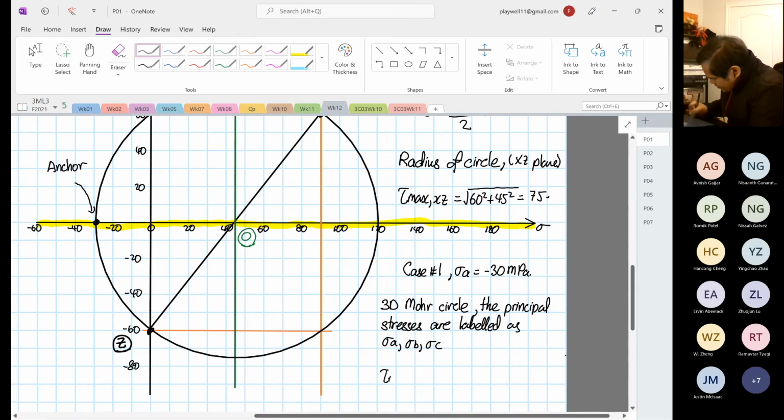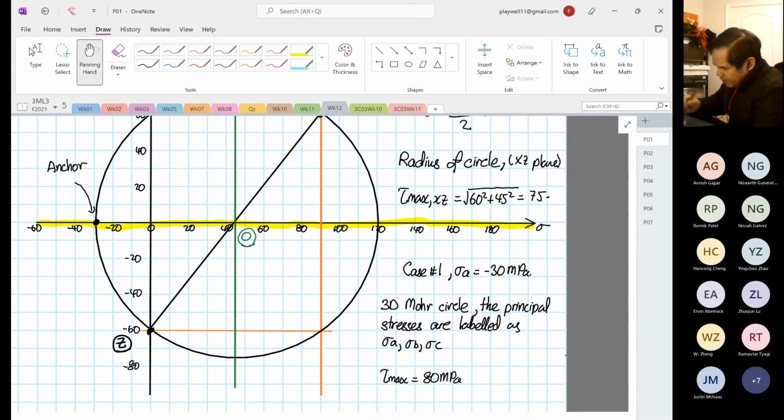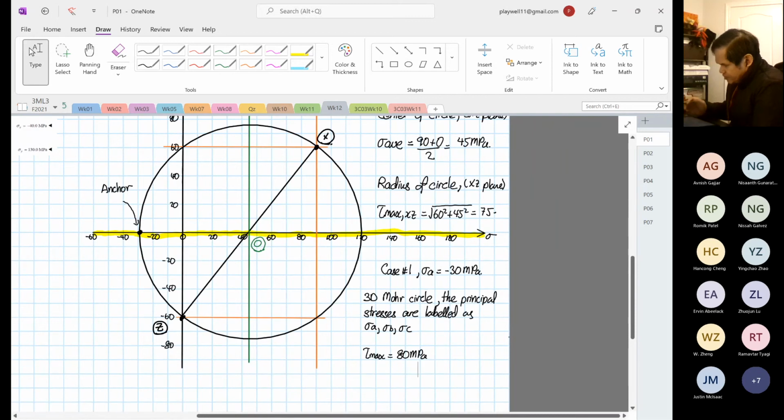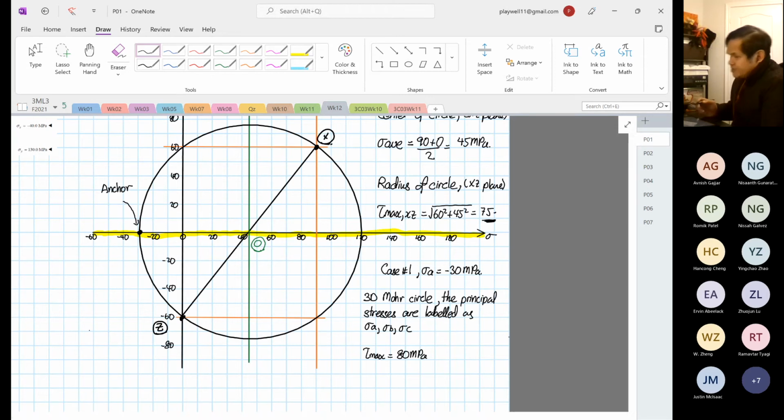Maximum shearing stress we are given is equal to 80 megapascal. When we calculate our XZ circle, we are only given at 75. Right? So the XZ plane did not generate the maximum shearing stress. It's only 75.